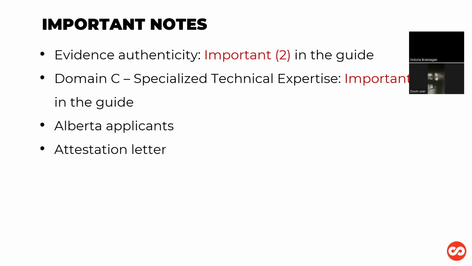The third bullet is addressed to Alberta applicants. If you intend to register as a dental technician or DT with the College of Dental Technologists of Alberta, or CDTA, you must complete the evidence grid for all competencies in domain A and B, so components 1 to 4.